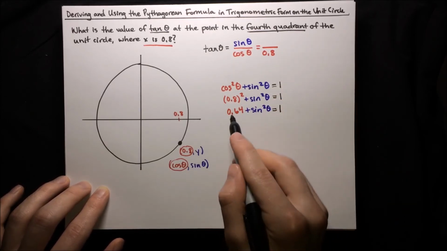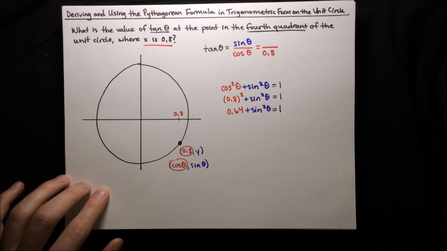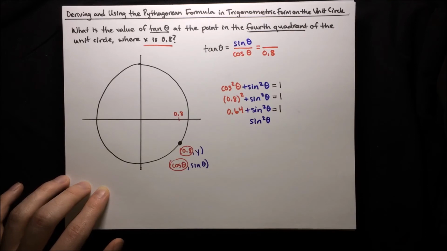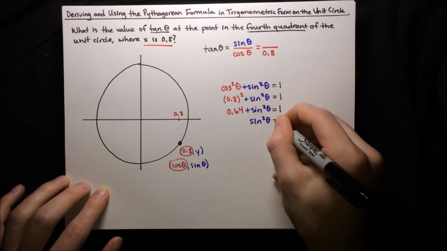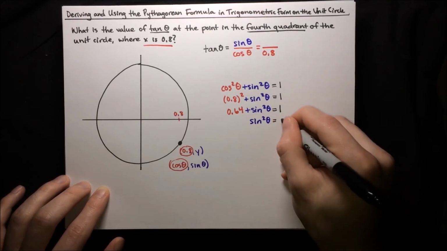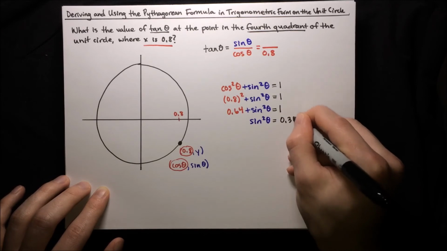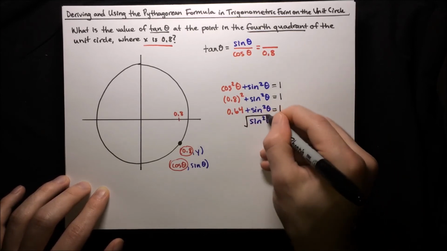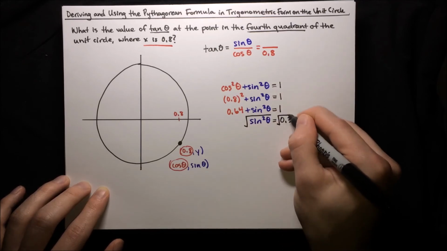And we can subtract that to the other side to get sine squared theta alone. So sine squared theta is just equal to 1 minus 0.64, which is just 0.36. And we'll go ahead and take the square root to cancel out that square on the sine theta.